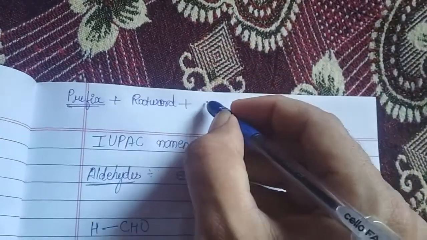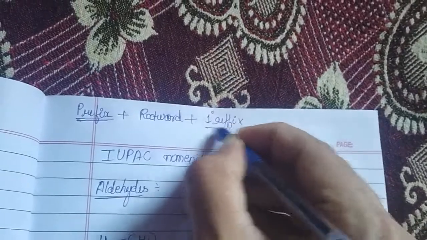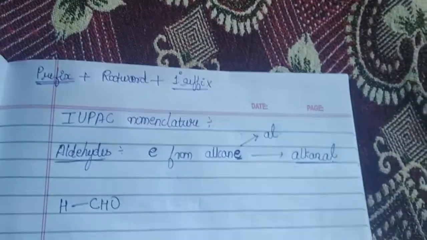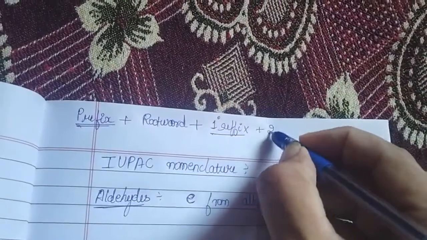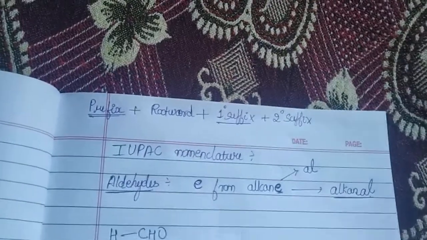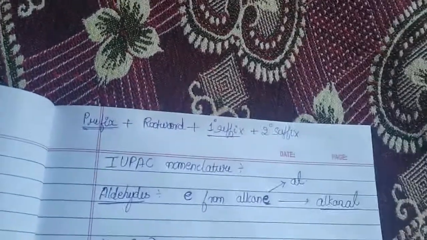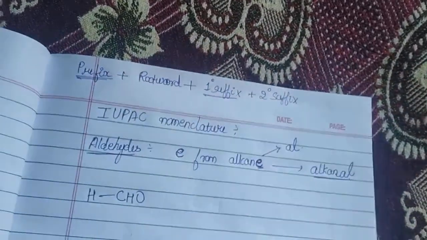Then comes our primary suffix, which indicates saturated or unsaturated bond. That could be ane, ene, yne. Then comes our secondary suffix. What does it represent? The functional group. So this will not change. But you have to just see whether all of these are present or not. If they are not present, just eliminate them.